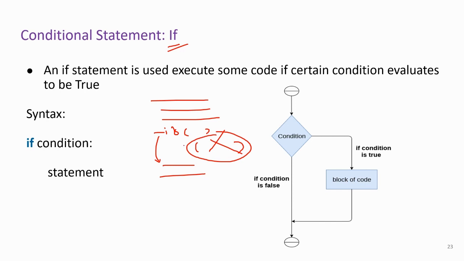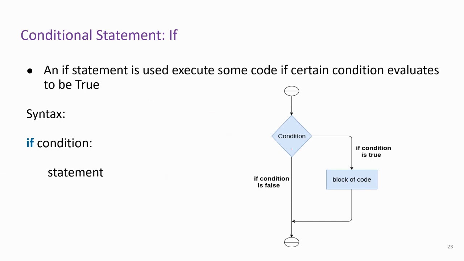That means we are changing the flow of execution. Usually it was flowing in this particular sequence, but if we use an if statement in between, that flow of execution will get changed to a different block of instructions if some condition is true. If the condition evaluates to false, it will skip this set of instructions and go in the usual manner.